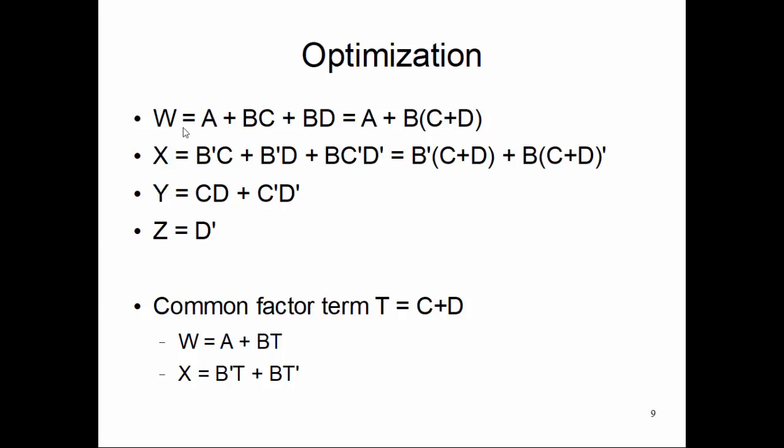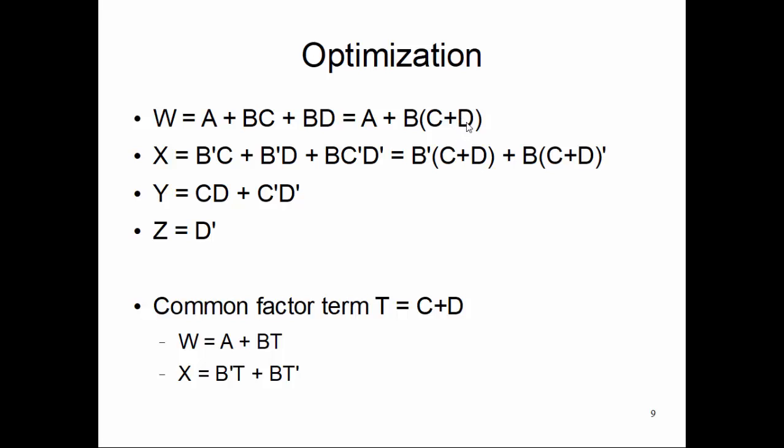So that's why we need to rearrange those logics a little bit, to see if we can do something common across them. For example, here BC or BD, we can make it B and (C or D), by identity. Similarly, for X, I can write B bar (C or D), or (B, C, D) whole bar. So look at this C or D, we can readily reuse it.